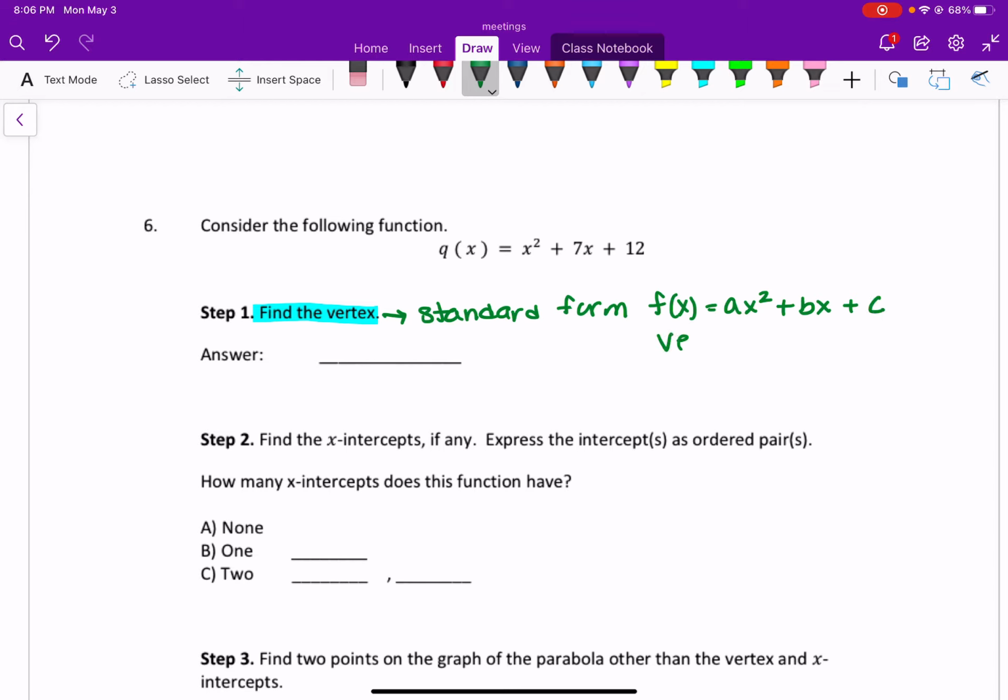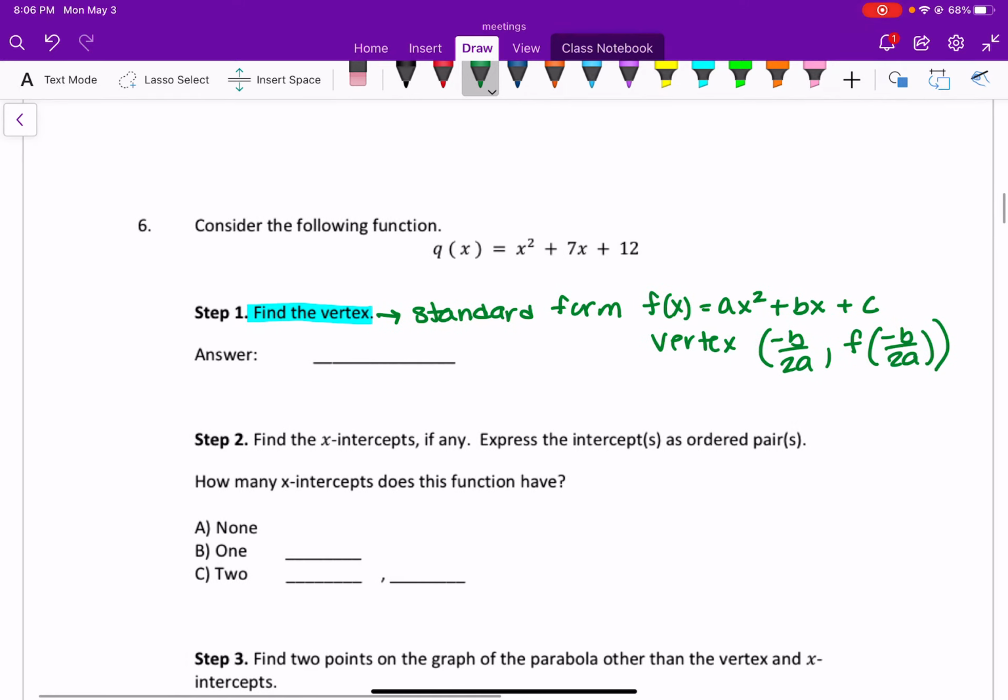To find the vertex in standard form, you have to do negative b over 2a, and then f at negative b over 2a. Remember that all this second part means is that you find the first one and then stick that into the formula to see what you get.